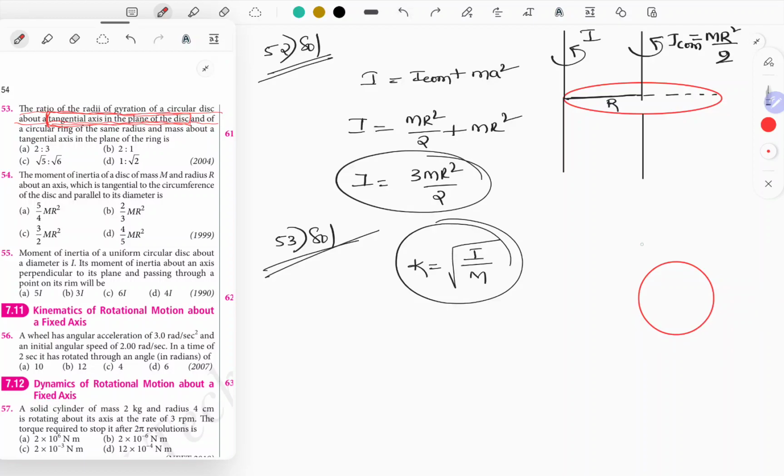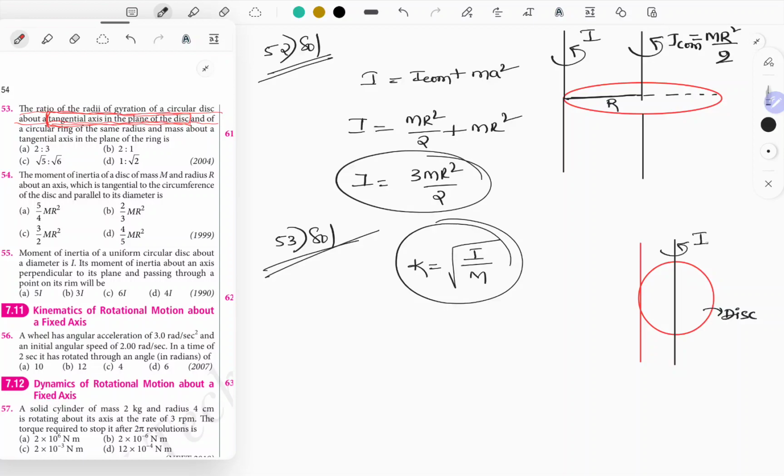Let's say this is a disk and the axis is tangent to the plane of the body. This is how it is given.